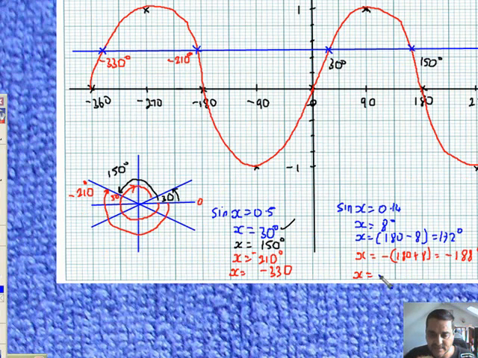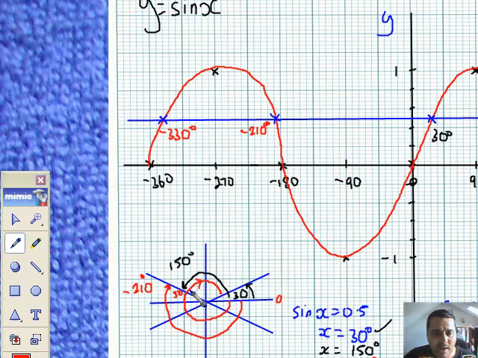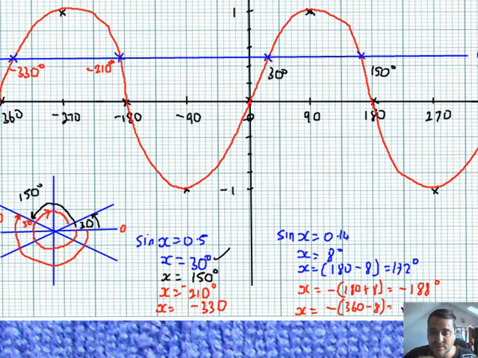And my last negative solution is going to be the negative answer to 360 minus the 8. In other words, I've come all the way around to here, minus 90, minus 180, minus 270, and this little bit is going to be 8 degrees, so 360 take away the 8 gives me 352, so the answer is minus 352.